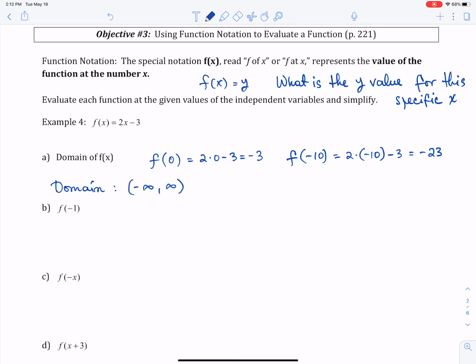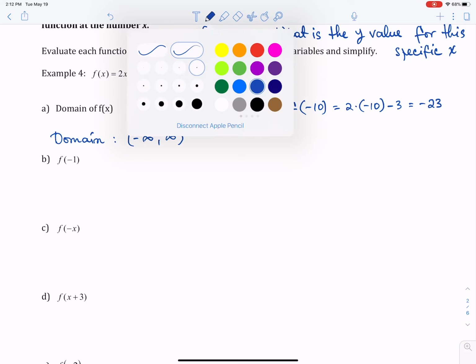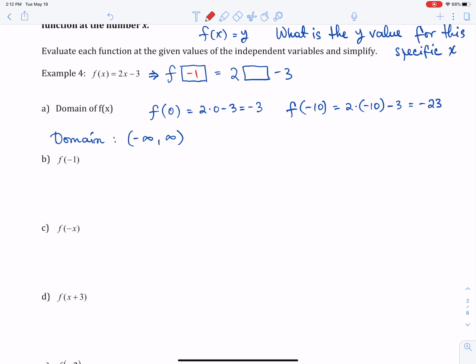Well, to calculate f of -1 means, in this machine, f of box, I'm going to be thinking of 2 times this box minus 3. So when I plug in a -1 in this box, then in the place of x, I'm going to replace with -1.